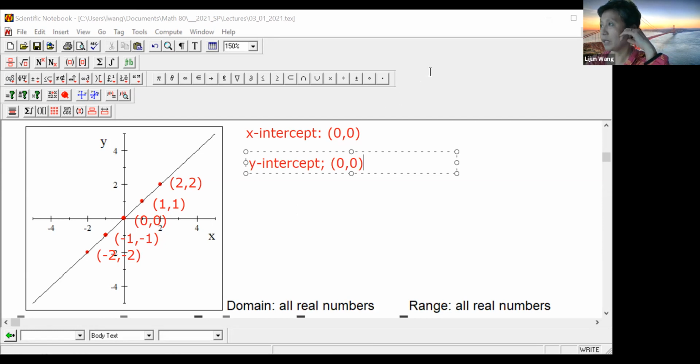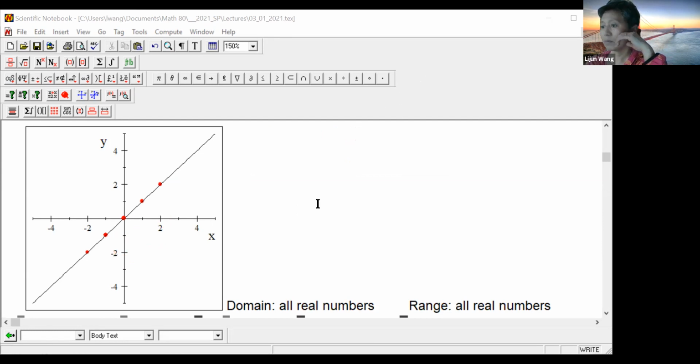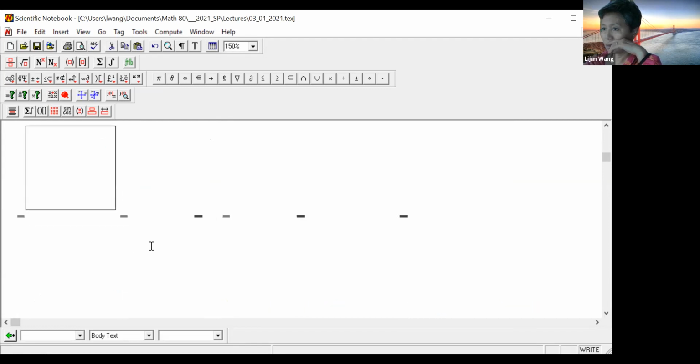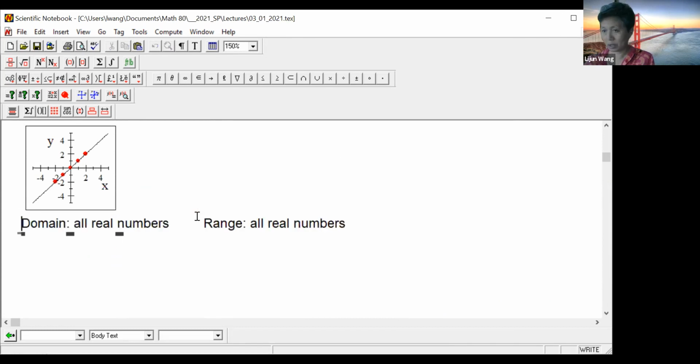Okay, so I'm gonna erase everything. So I'm going to put it here: domain and range.